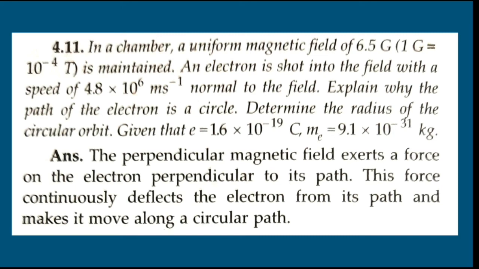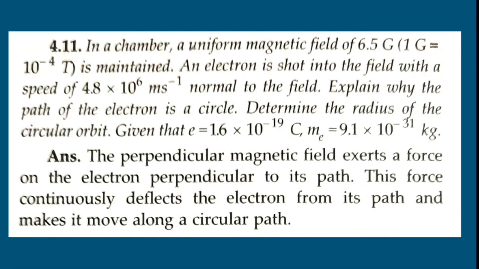So this question belongs to the beginning portion. In the chamber there is a magnetic field and the electron is kept in that magnetic field normal to the field. Whenever a charged particle enters a magnetic field at right angles to it, it executes circular motion. So here the electron will execute circular motion, because of that perpendicular force.